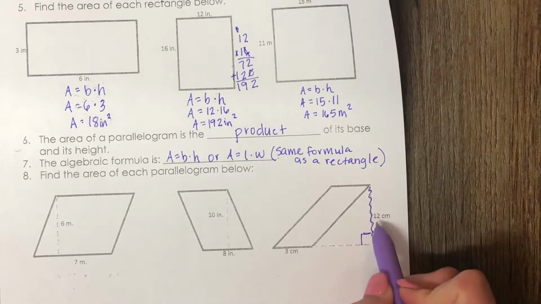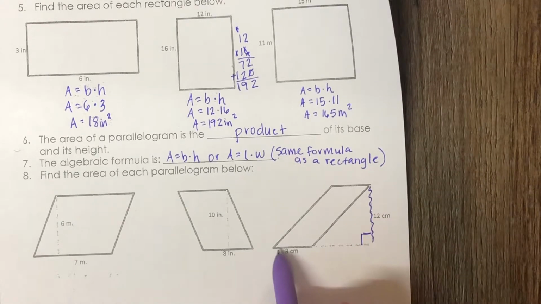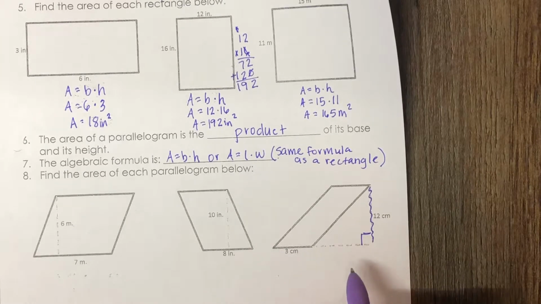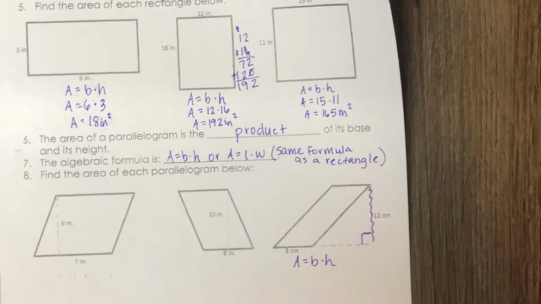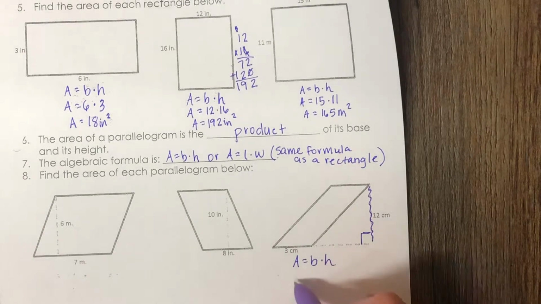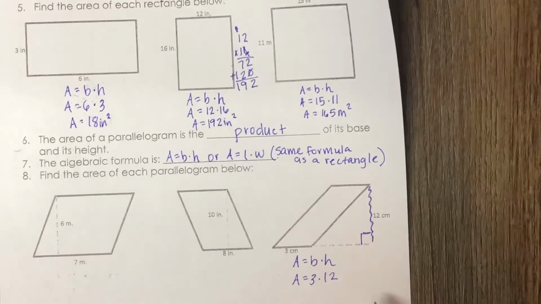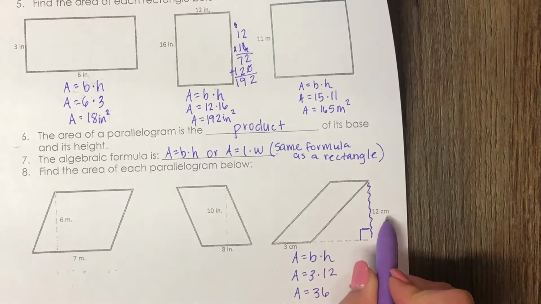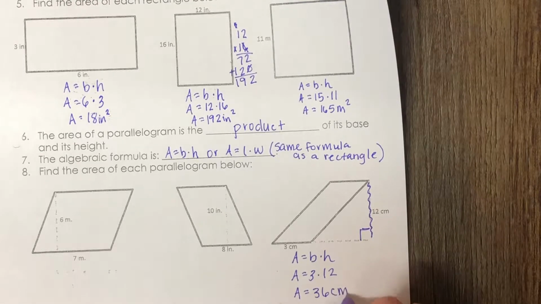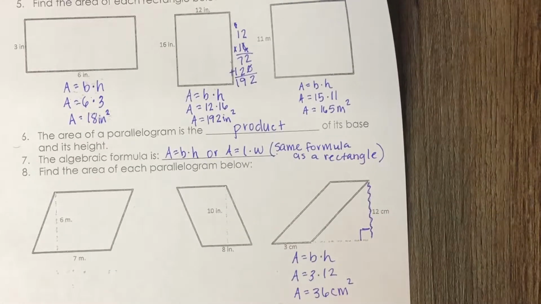So that means 12 is our height and then 3 is our base. So all we do is area equals base times height for a parallelogram. So area equals 3, the base, times 12, the height. And 3 times 12 is 36. And we're measuring in centimeters, so it would be centimeters squared.